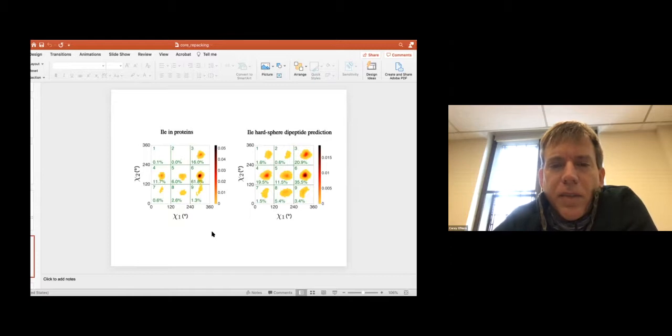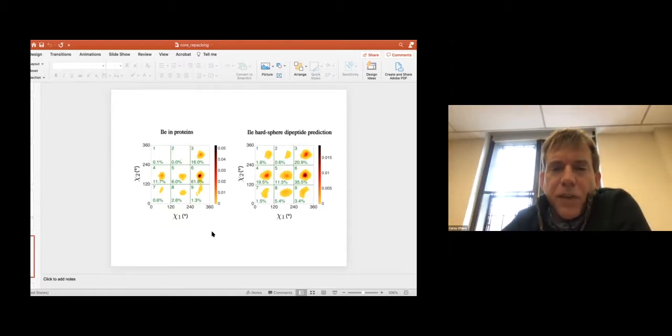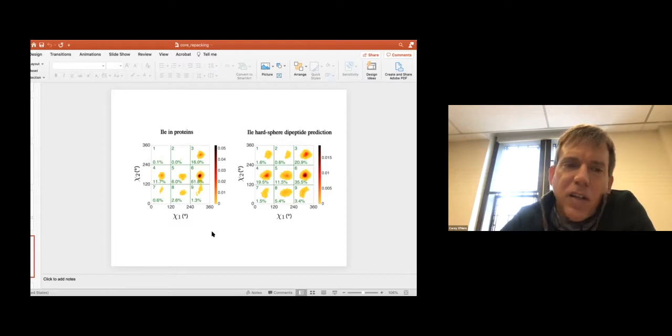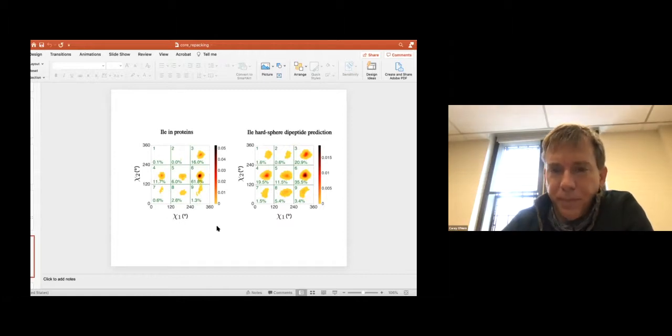So this is a figure that's illustrating that point, where the left plot is the experimentally determined side chain dihedral angle probability distribution for isoleucine in crystal structures. There's this rotamer number 6 that's very probable, and 3 and 4 are also relatively probable.